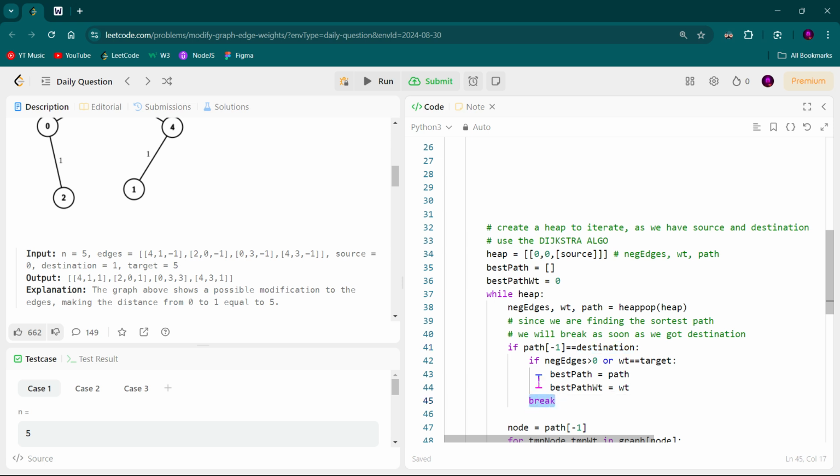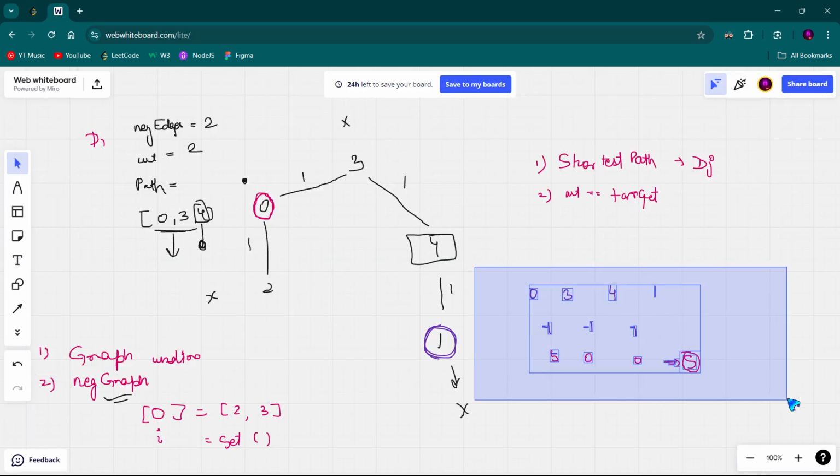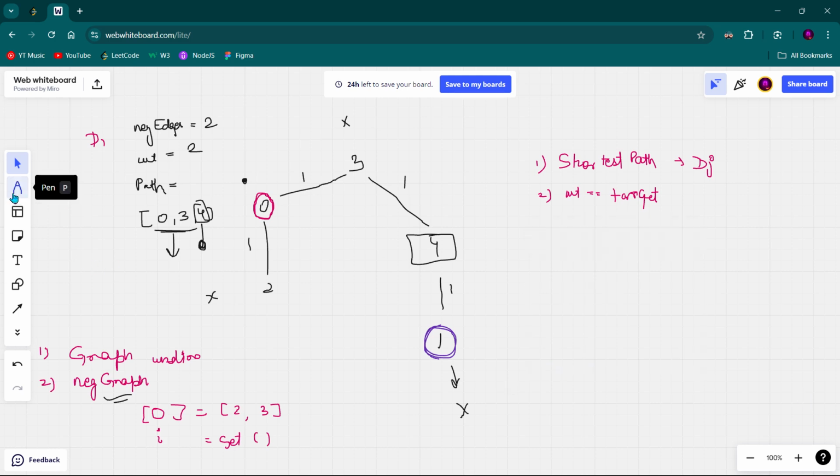Okay. And there are two conditions. Either we have negative edges or the weight is equal to target. We can have both, we don't need it. Either we have some negative edges in the path. Suppose my path is 0, 3, 4, 1.